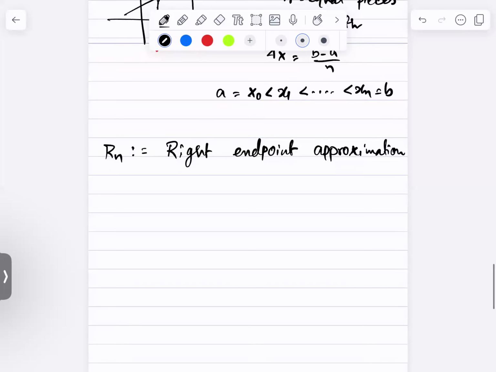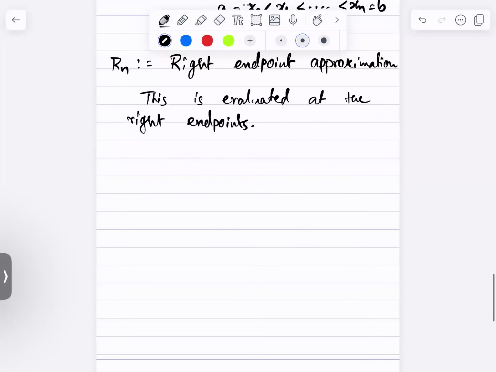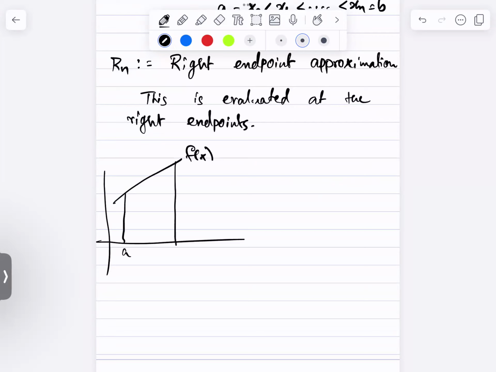What is this? This basically is evaluated at the right endpoints. Okay, to make things clearer, this is my function f(x), this is my axis, and this is my lower and upper limit, like that.